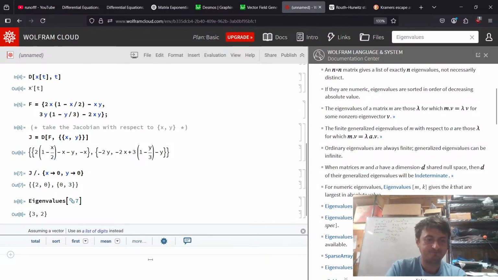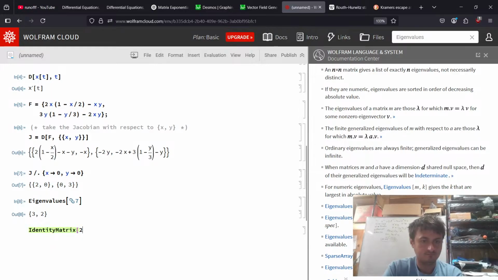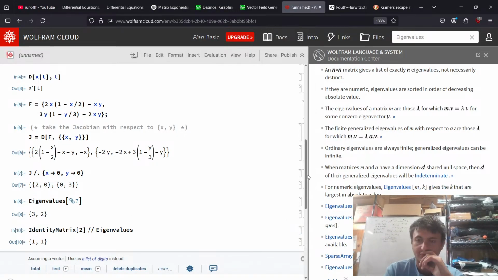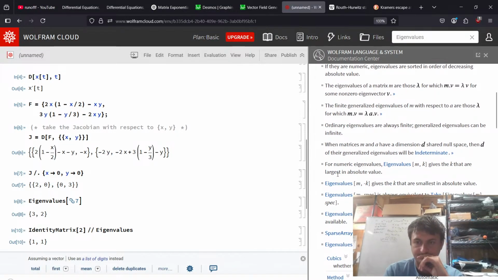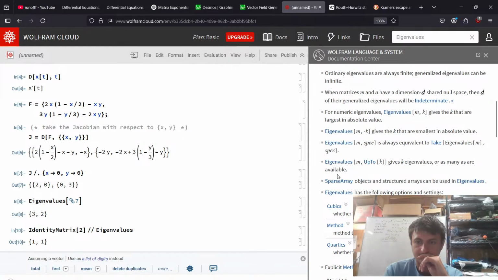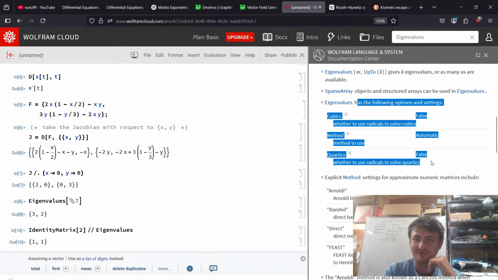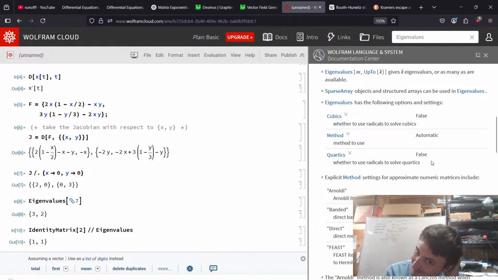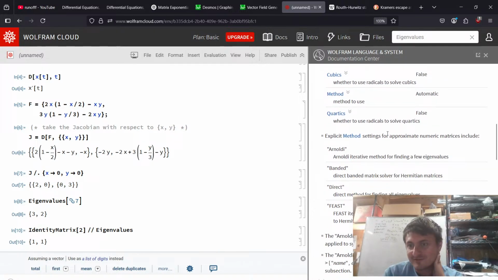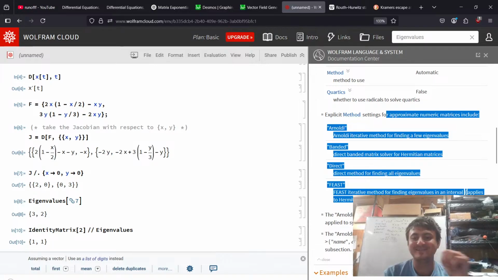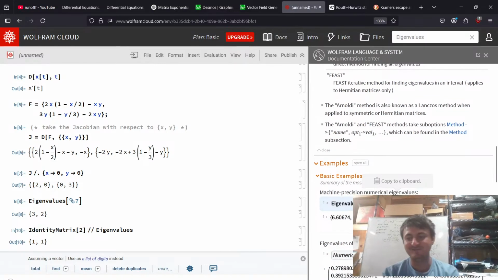Wait, what if we do? Is this right? Okay. Oh, that's so cool. Whether to use cubics or quartics or whatever. Oh, that's so cool, man. I love numerical linear algebra.